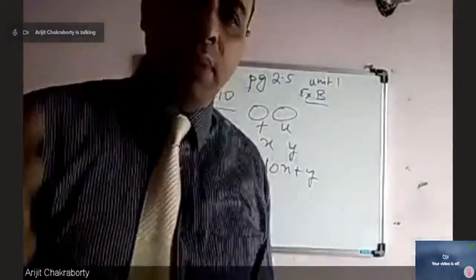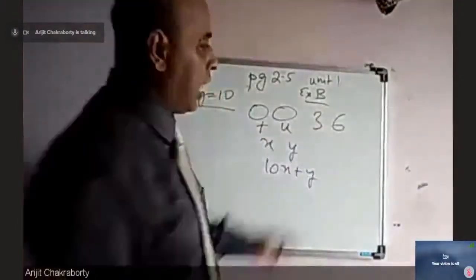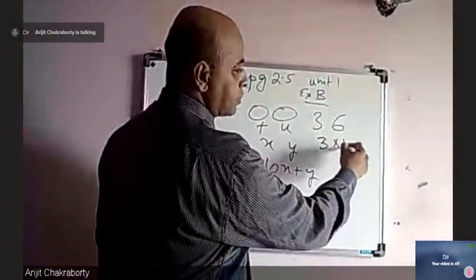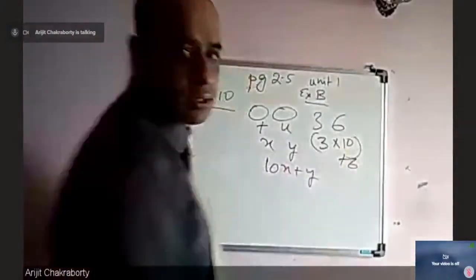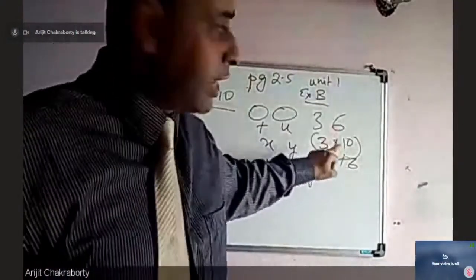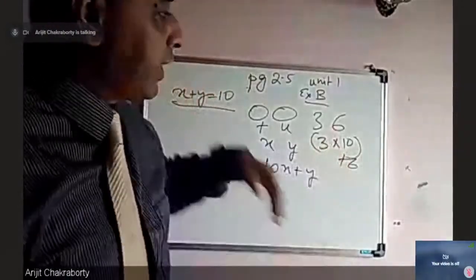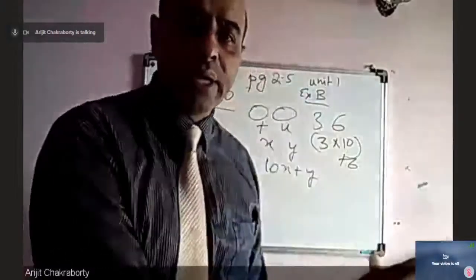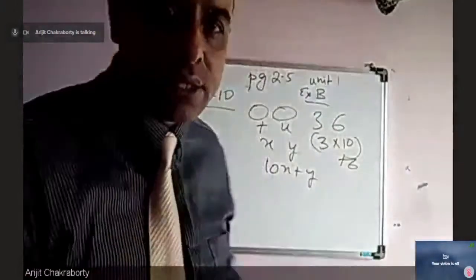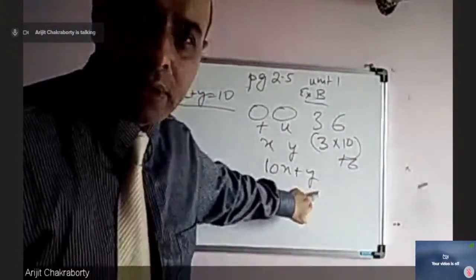Take any number, say 36. How do we write 36? 3 into 10 plus 6. So, in the tens place, we have 3. In the units place, we have 6. But we express it as 3 into 10 plus 6. That is 10 into 3 plus 6. Same thing we have done here. 10 into x plus y. Okay.